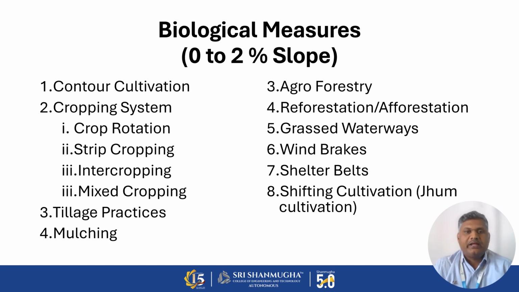In these practices, different techniques are used: contour cultivation, cropping system, tillage practices, mulching practices, agroforestry, reforestation or afforestation, grass waterways, windbreaks, shelter belts, and shifting cultivation. These practices are done as per the cropping cultivation. This cropping cultivation itself conserves the soil as well as water where the land slope is 0 to 2%.